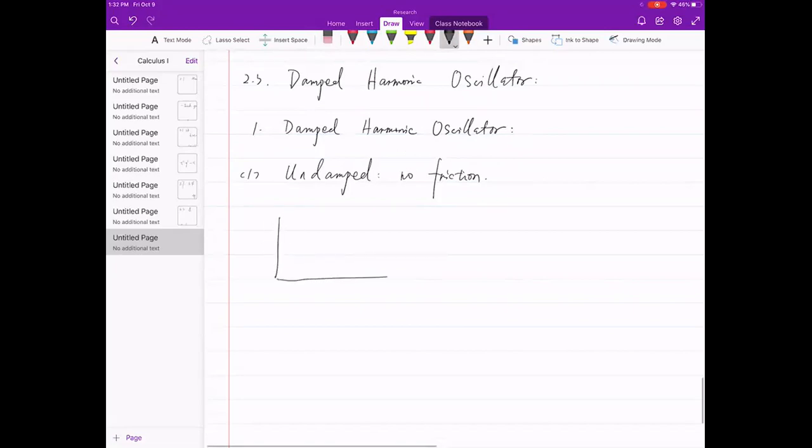Of course, we're talking about one dimension. You put a mass here, you let the spring be relaxed, nothing happens. Now what you do is you stretch this one, or you compress this one, doesn't really matter.